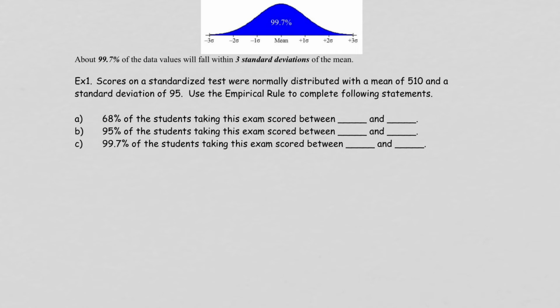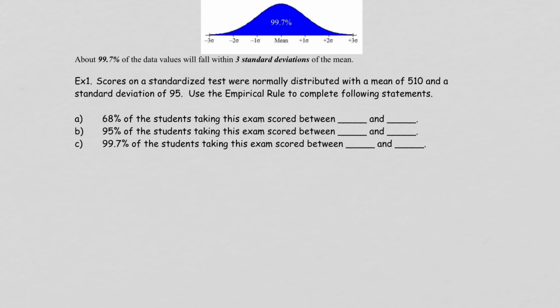So with this information, let's see if we can find, given the information, between what and what scores 68% of the students who take this exam fall. So you want to find out this number right here. So let's do that.